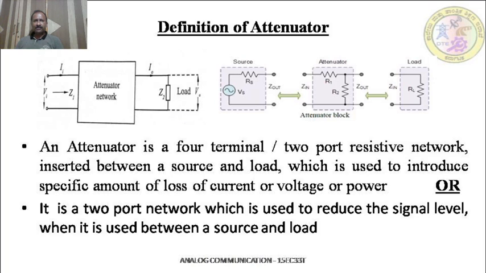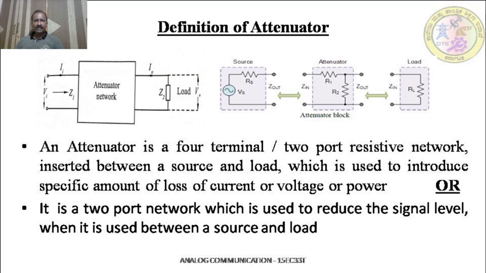Attenuator is a two-port or a four-terminal network. Now you can define like this: an attenuator is a four-terminal or two-port resistive network inserted between a source and load, which is used to introduce a specific amount of loss of current or voltage or power. That circuit we are going to call an attenuator.